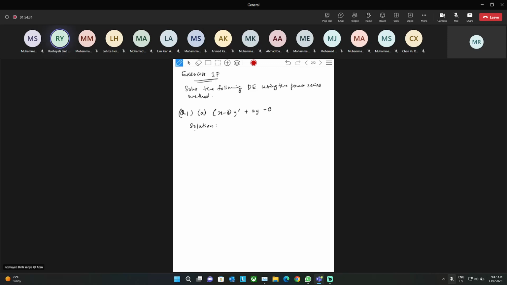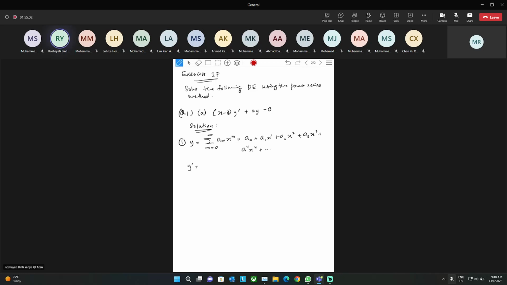So for its solution, first, you have y equal to the summation of a_m x^m, which is a0 plus a1 x plus a2 x squared plus a3 x cubed plus a4 x to the power of 4 plus dot dot dot.